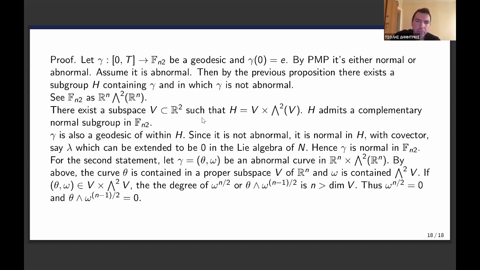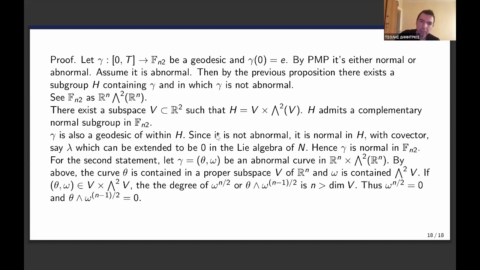And since we have this subgroup here, and we know the curve is not abnormal here, we can just do this thing, extend it to the entire group, and take lambda such that it's 0 outside this H here, which is kind of the normal space. So it essentially proves that gamma is normal, because we take it to be normal inside a subgroup, and then we extend it. And that's kind of the idea of the proof.